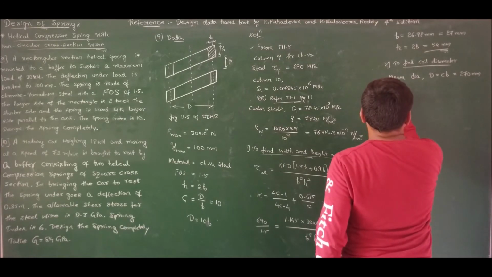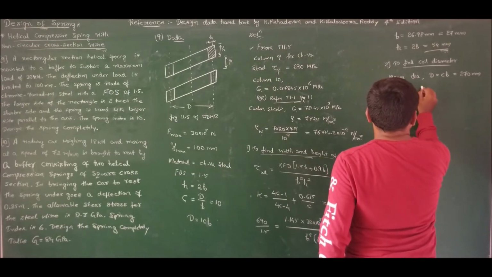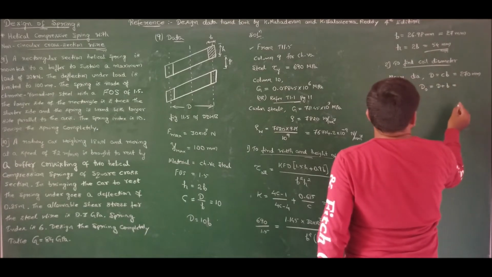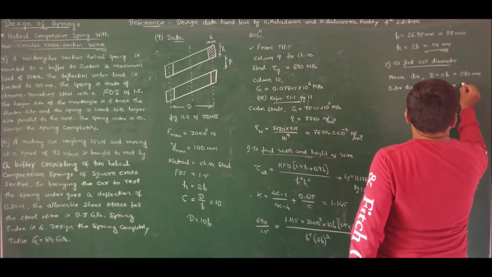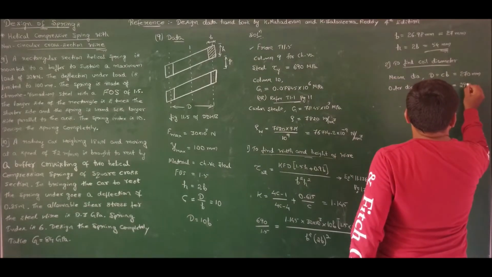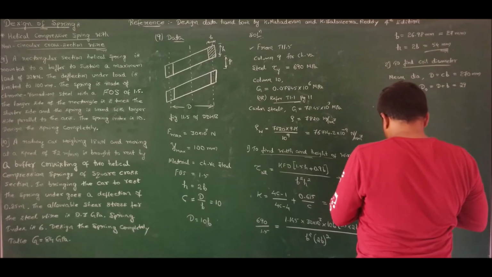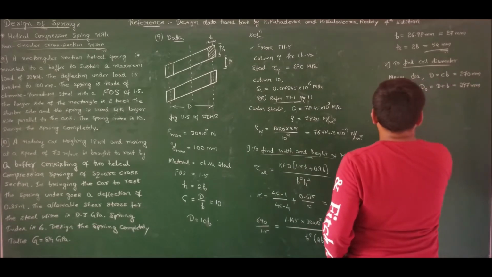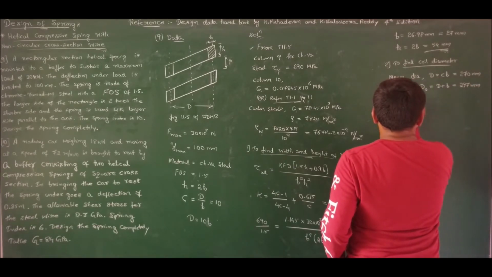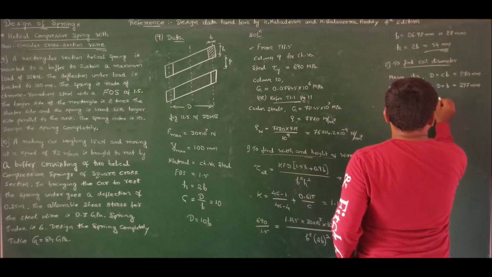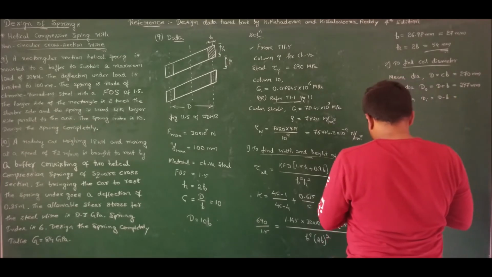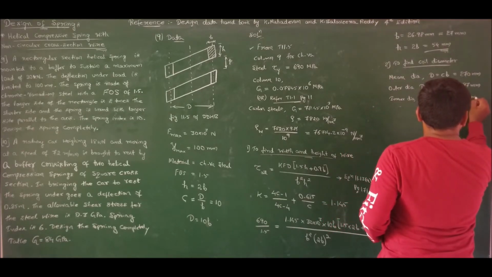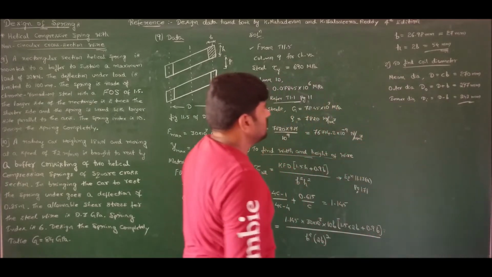Coming to outer diameter, Do is D plus b, which is 270 plus 27, that is 297 millimeters. Coming to inner diameter, Di is D minus b, that is 270 minus 27, which is 243 millimeters. So this completes step 2.